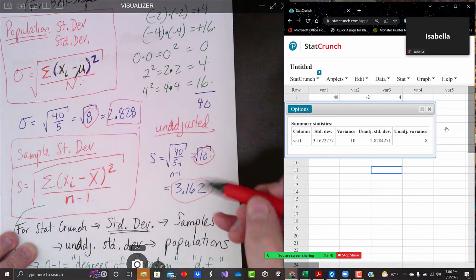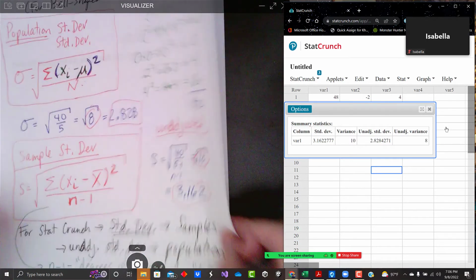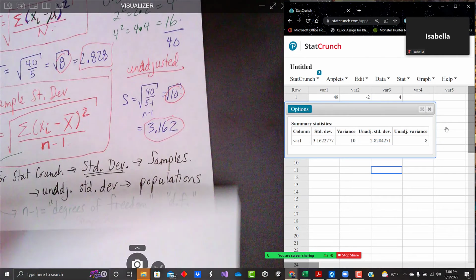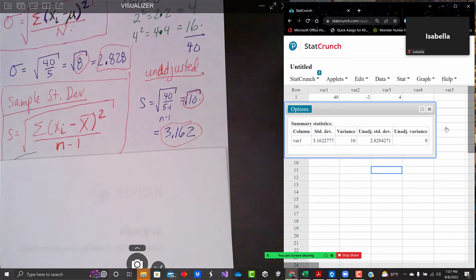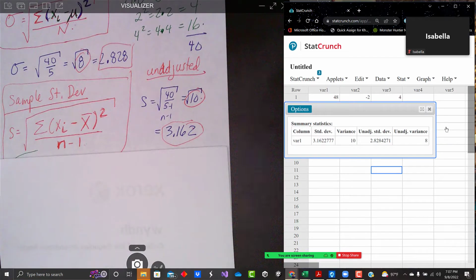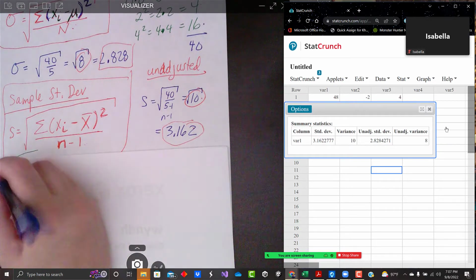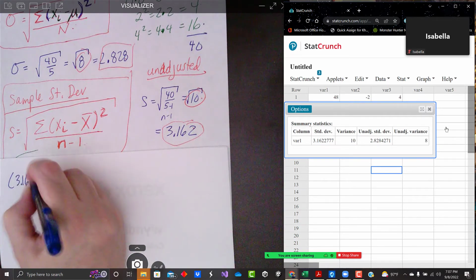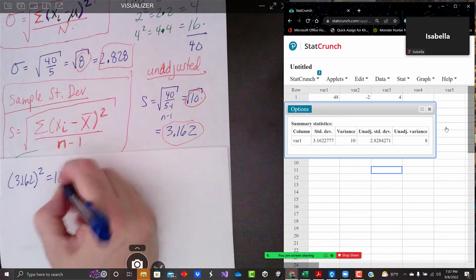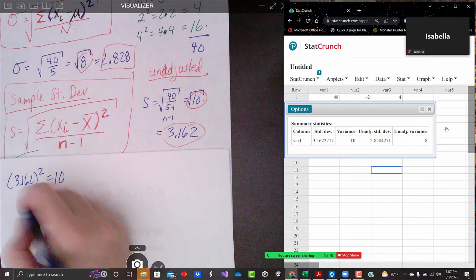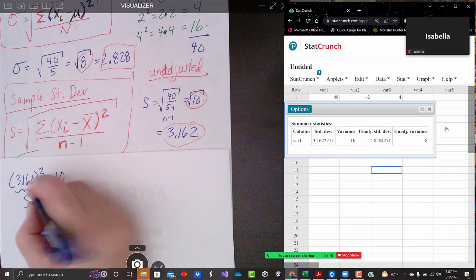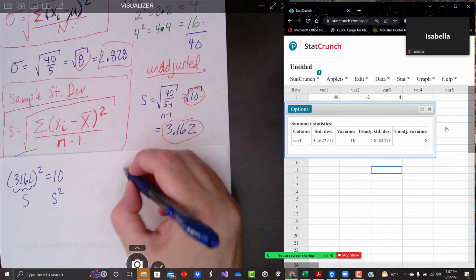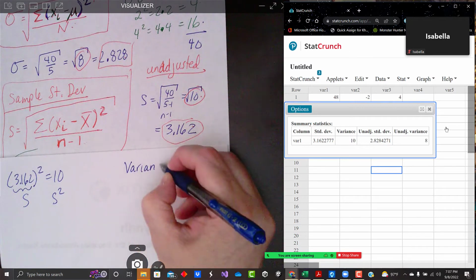Going the other direction, instead of taking the square root of 10, I can square 3.162 and I get 10. This was S. This is S squared. So variance is the square of standard deviation.